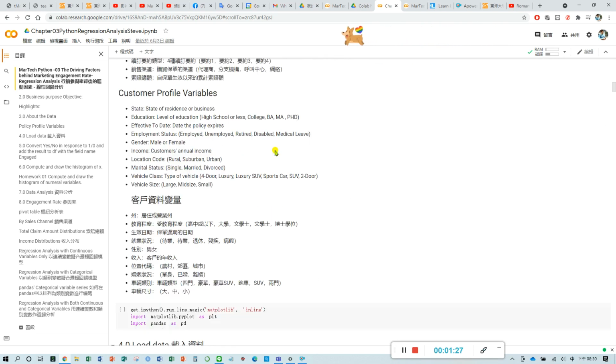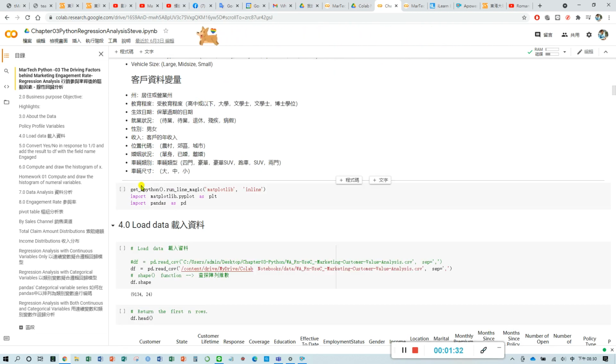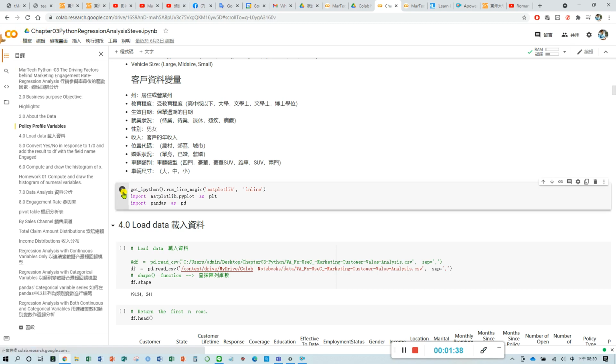Okay, so first we have to import the required package, this one. So everything will be fine. And also we have to load our data, which is the data set.